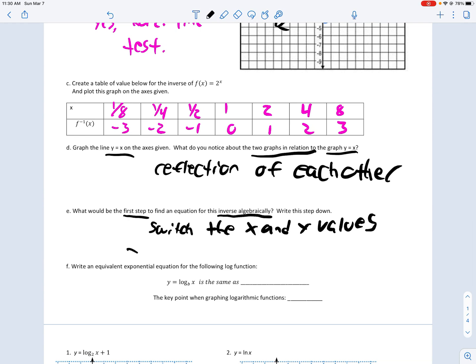So we have y equals 2 to the x. If you switch those, you would have x equals 2 to the y. Because that's what the first step is, to switch the x and y values. That's how you algebraically find the inverse.